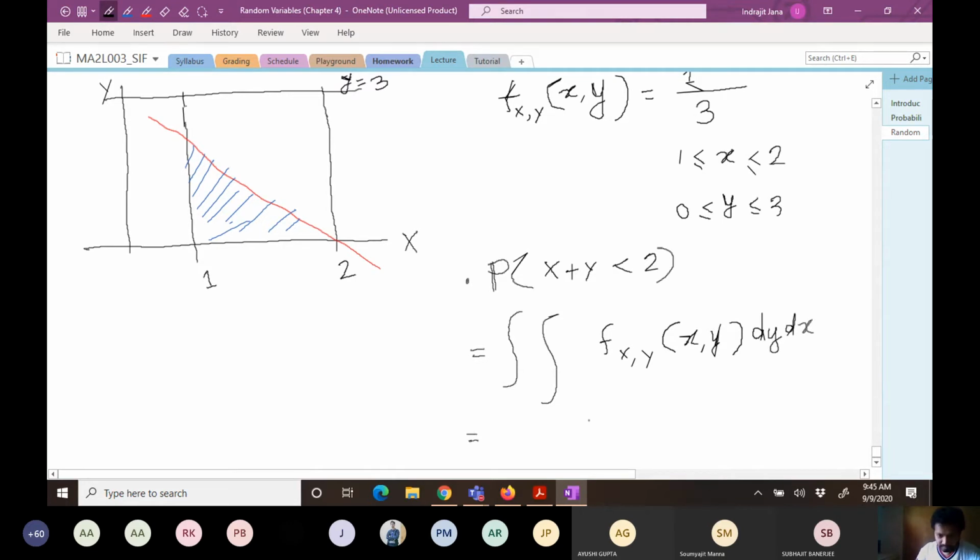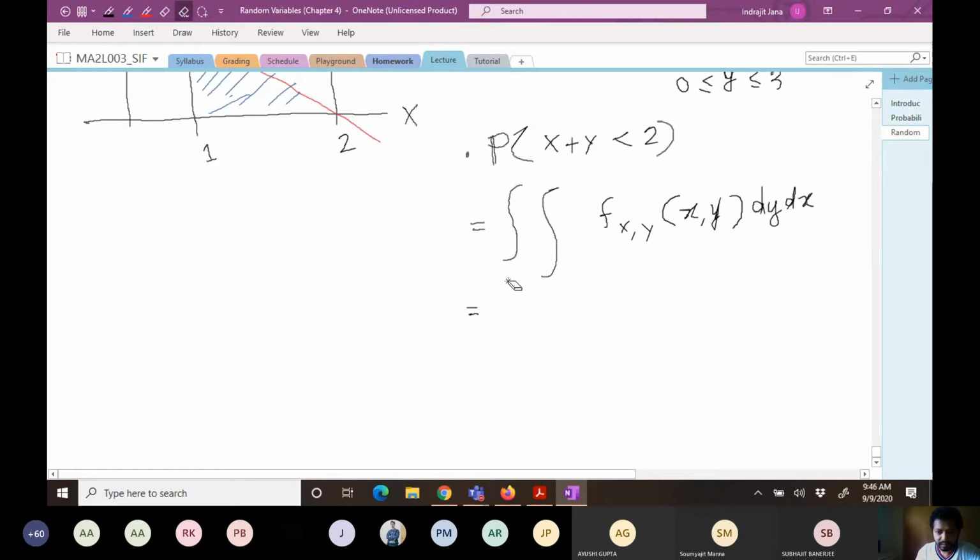So this is going to be the integration over the region x plus y less than 2.